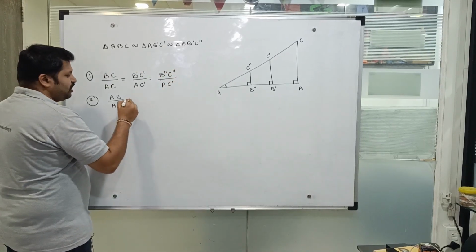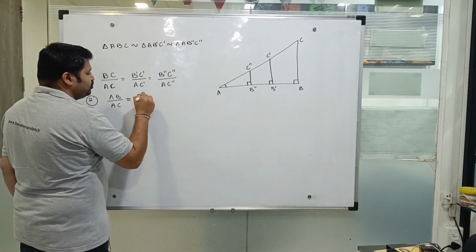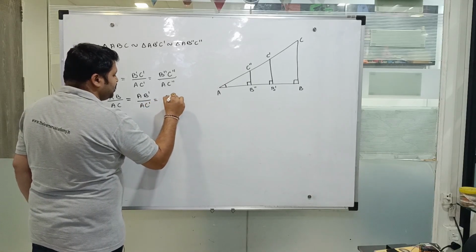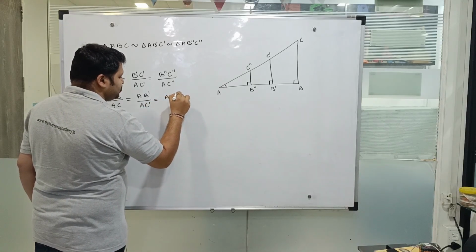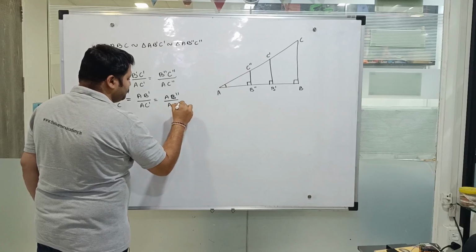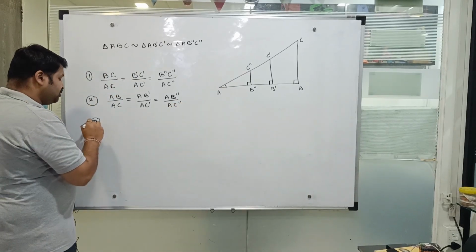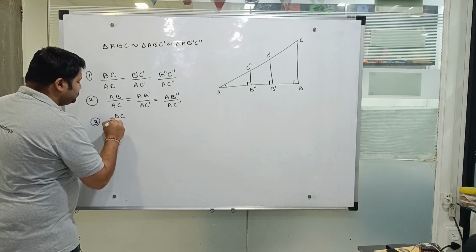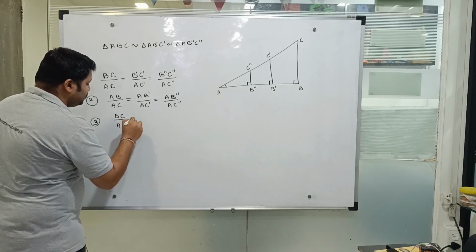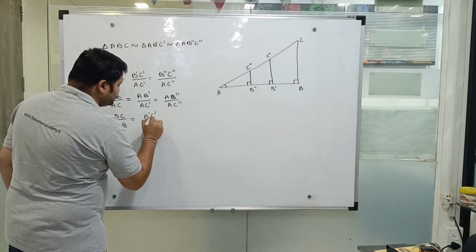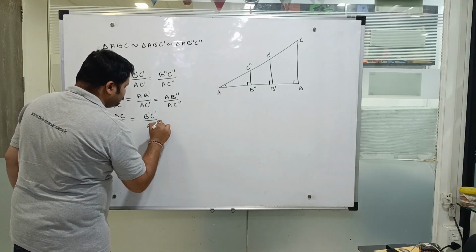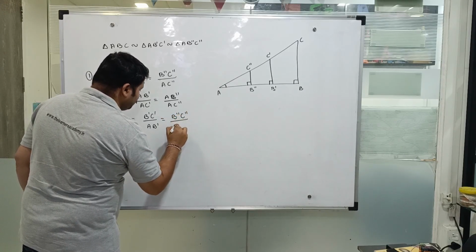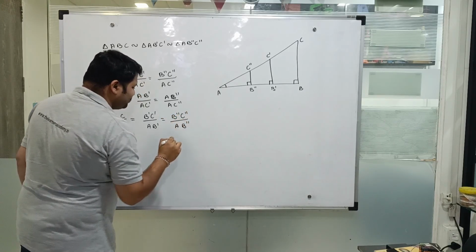Similarly, AB upon AC will be equal to AB dash upon AC dash will be equal to AB double dash upon AC double dash. Also, the third ratio, BC upon AB will be equal to B dash C dash upon AB dash will be equal to B double dash C double dash upon AB double dash.